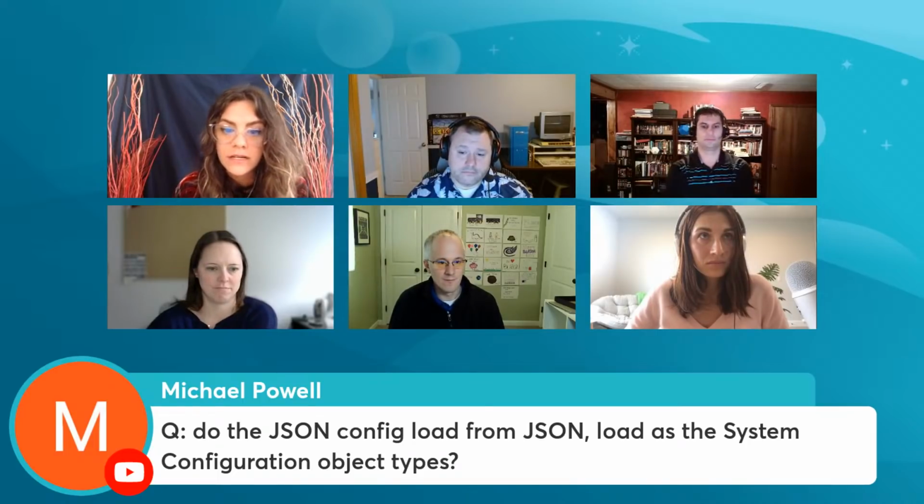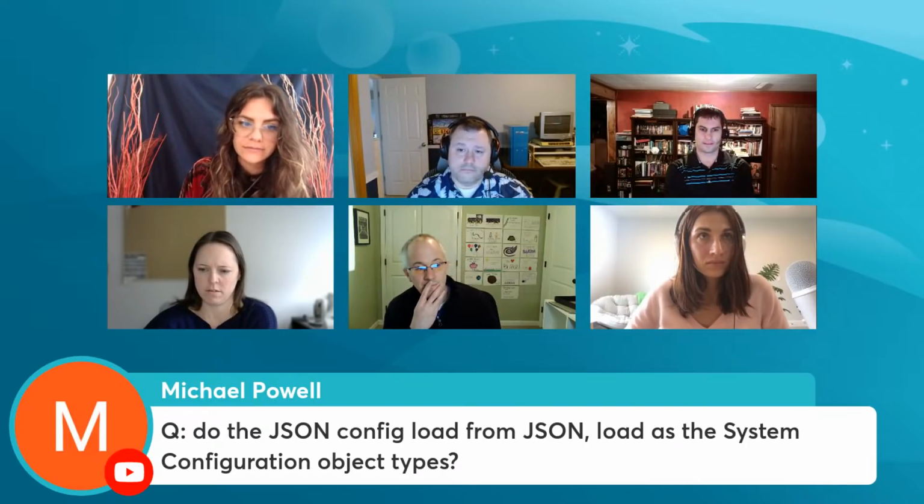Gotcha. Okay, so also for Michael, does the JSON config load from JSON as the server configuration object types or as the configuration object types? I can take this one too if I'm not talking too much. So when we're doing these upgrades and starting to use appsettings.json and things like that, that's a separate config system.